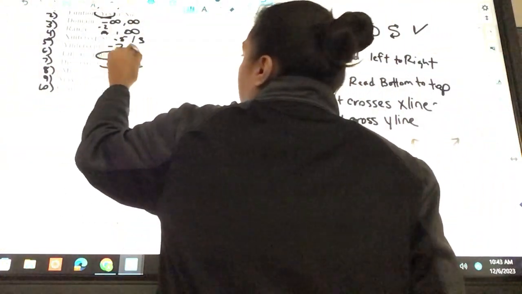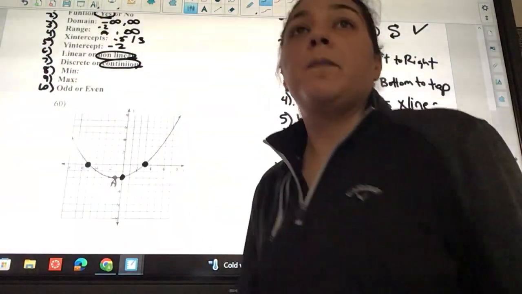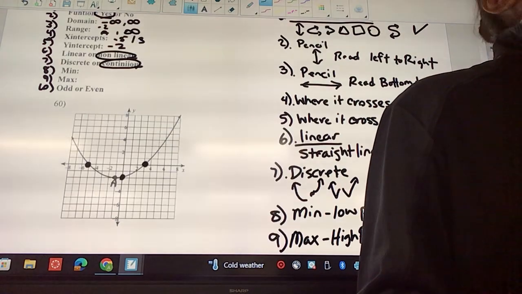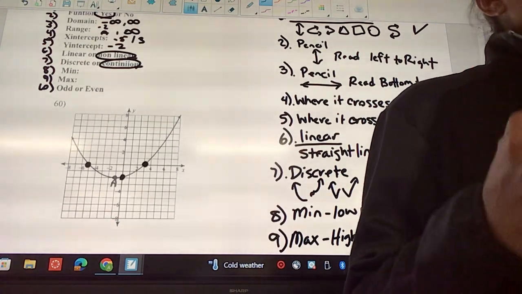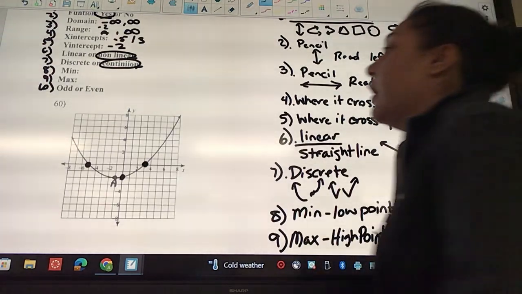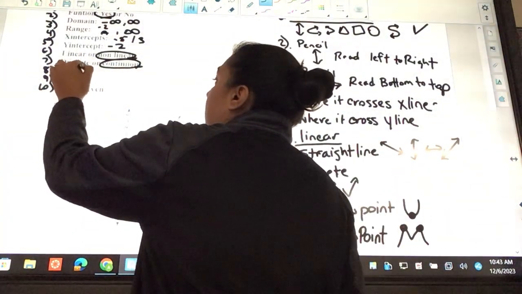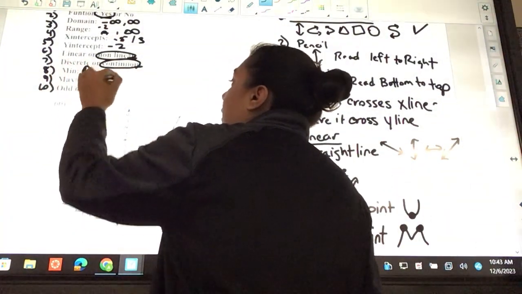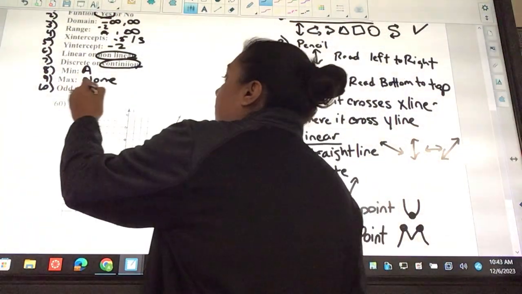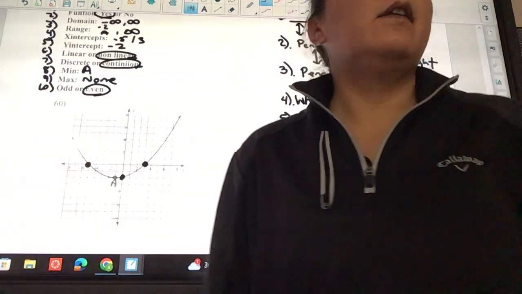Continuous. What did I tell you you should guess most of the time? Non-linear and continuous, so if you don't know, guess those. Min, A. Max, none. Odd or even? It is even.